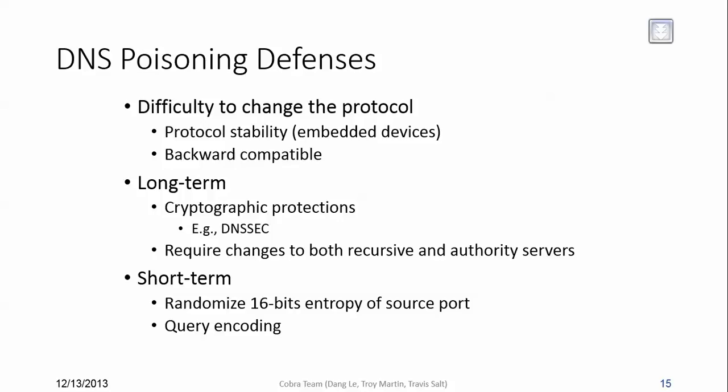The long term is to use DNSSEC, requiring a chain of trust for both recursive and authority servers. The short term is to patch the DNS software with randomized 16-bit entropy of the source port and encode the query.